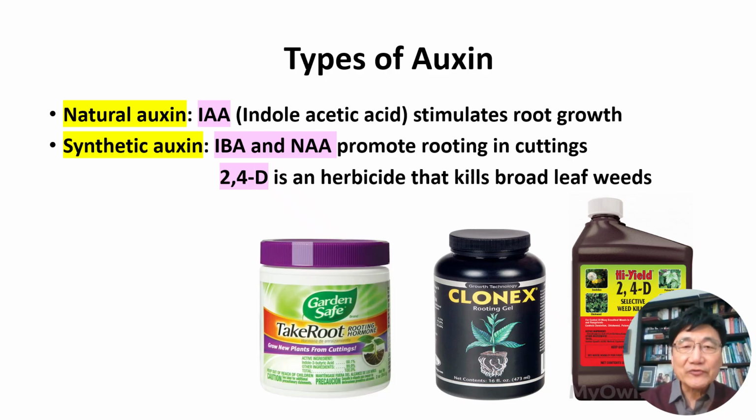They promote rooting in cuttings. 2,4-D is also a synthetic auxin and it acts as a herbicide that kills broadleaf weeds by overloading them with auxin. It overstimulates auxin signaling in dicots. However, grasses are more tolerant.